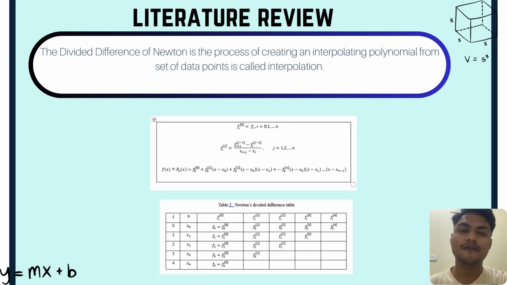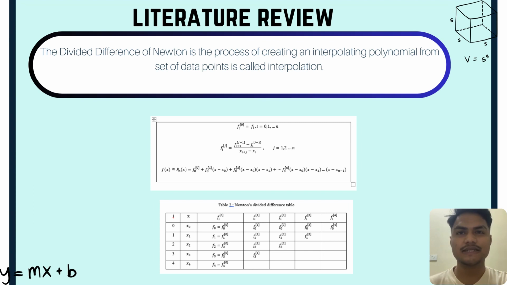Newton's divided difference method is the process of creating an interpolating polynomial from a set of data points, which is called interpolation. The values between the provided data points can be estimated using this polynomial, which makes it helpful for estimating missing values such as missing rainfall data.